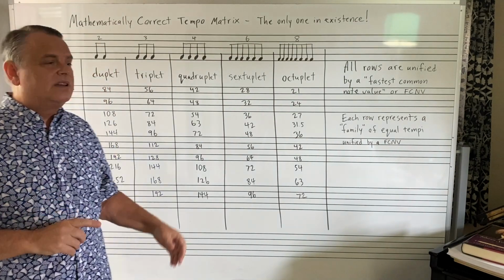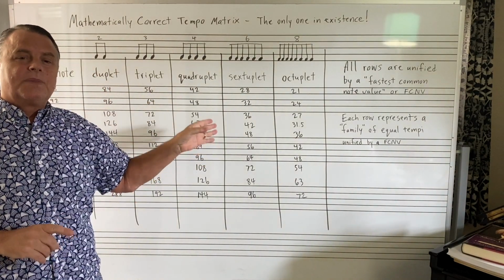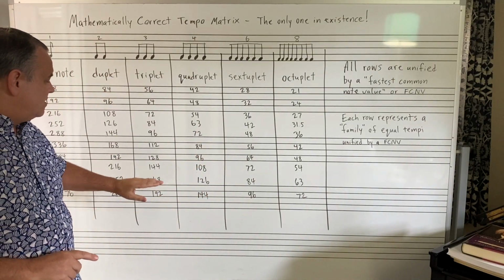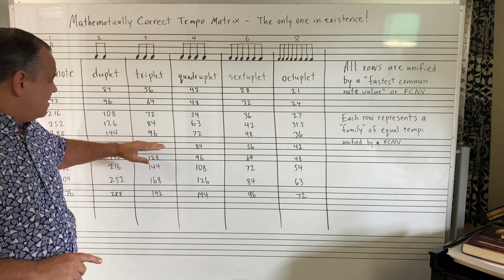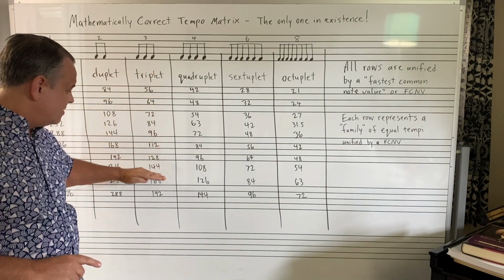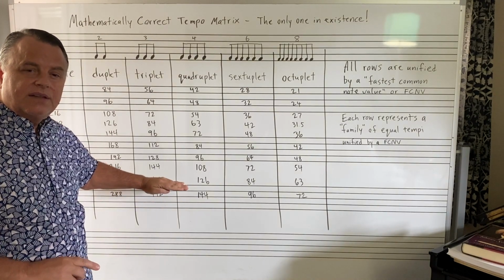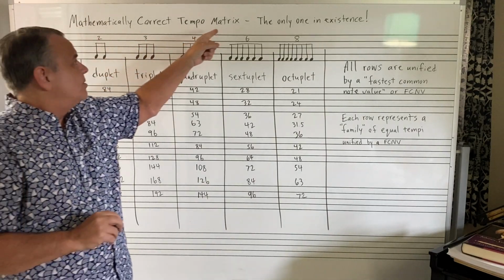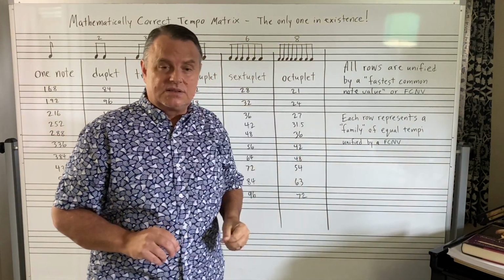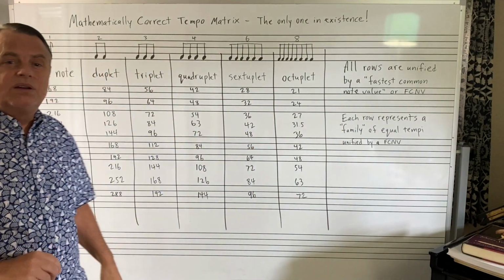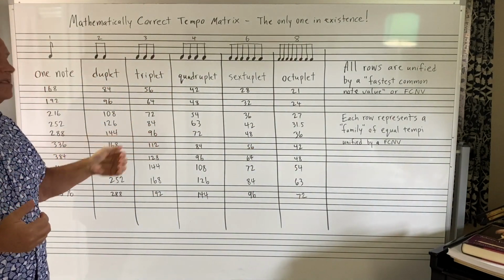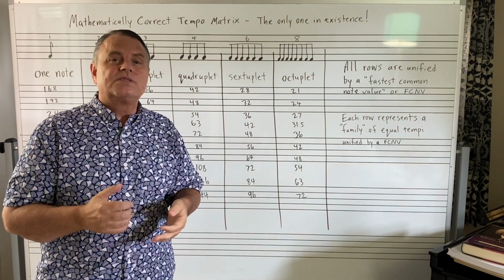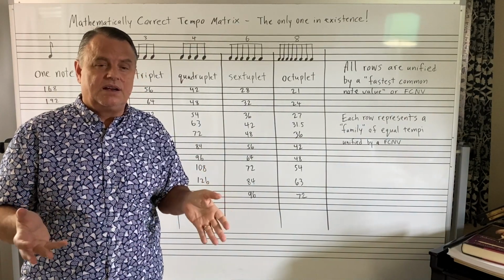That's very important because this is the only matrix of numbers that can be derived that have an equal gradation of acceleration. This is a mathematically correct tempo matrix, the only one in existence. This is the one. This is the best tempo matrix in existence. And like I said, it doesn't have anything to do with Bach. This is just abstract mathematics right here.